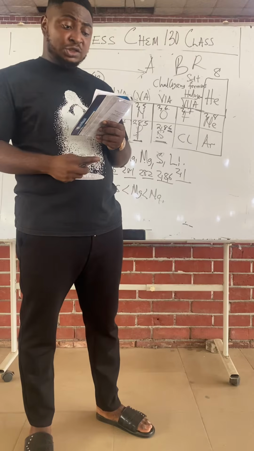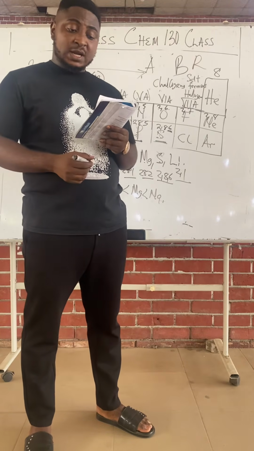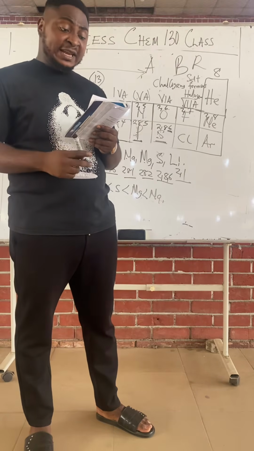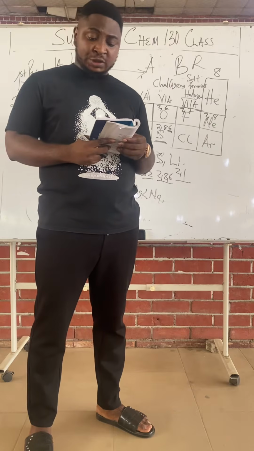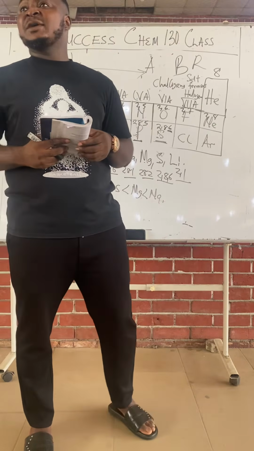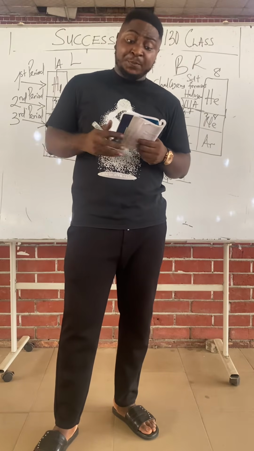Positive charges on the what? Nucleus exceeds the number of what? Electrons. And since the protons are greater than the electrons, this will result in the electrons being pulled in.